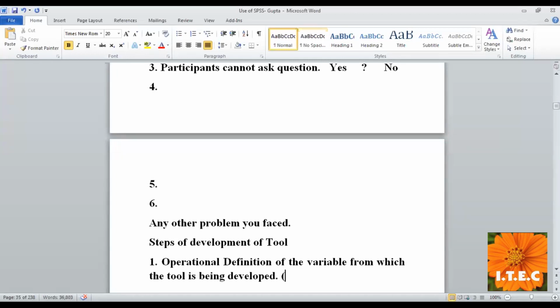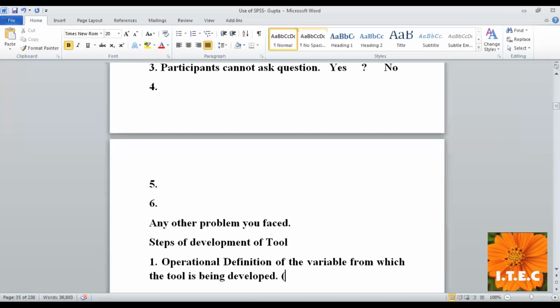Because without opening, the doctor may not be able to see the damage done to the body portion or nerves or whatever it is. So he opens it and then he finds out how much the damage is. Without opening, it's not possible. And that is why it is called operational definition.